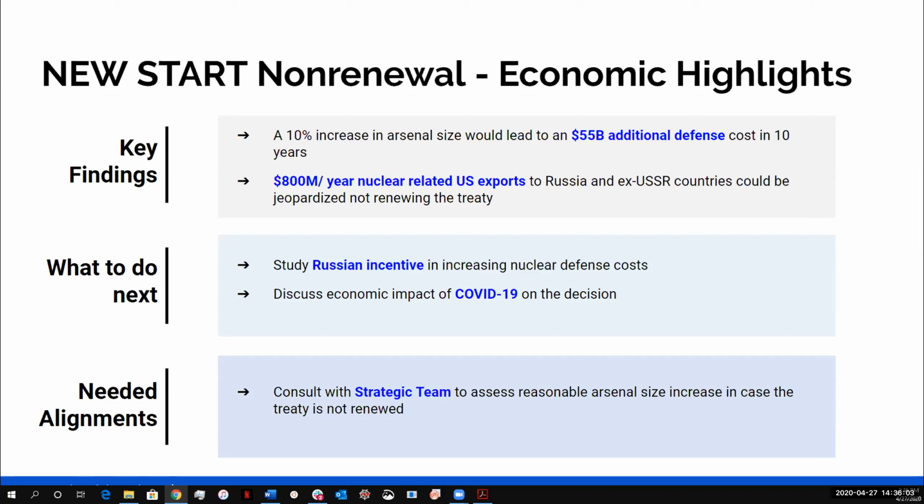And what to do next? We will study the Russian incentives in increasing nuclear defense costs, which, as we thought, is the natural consequence of not renewing the treaty. And we will also see, in light of COVID-19, the willingness of countries to spend more on their budgets.